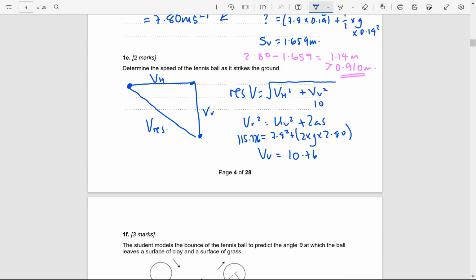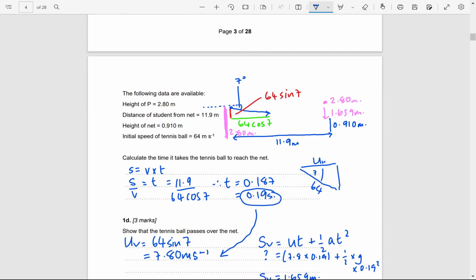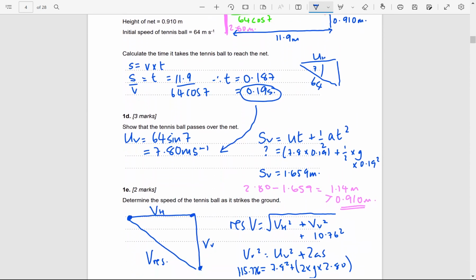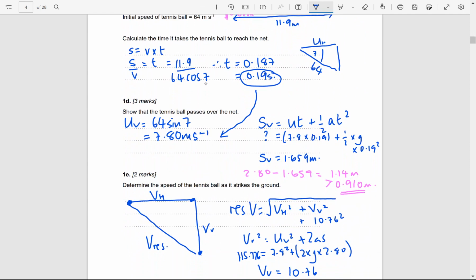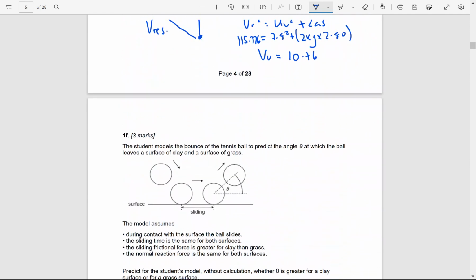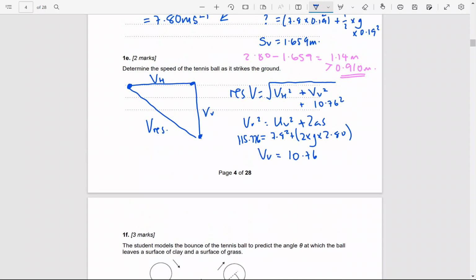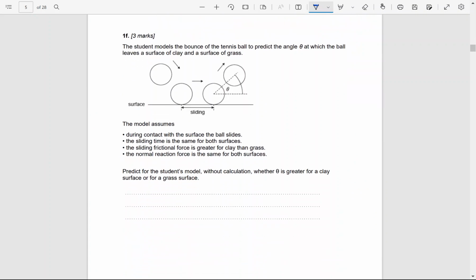So it's 10.76 here plus the horizontal speed, which was 64 cos 7, which was 63.52, squared. So it's a little bit messy now, isn't it? So final speed is 64.4. There we go.